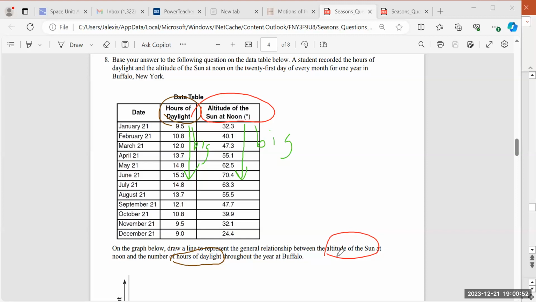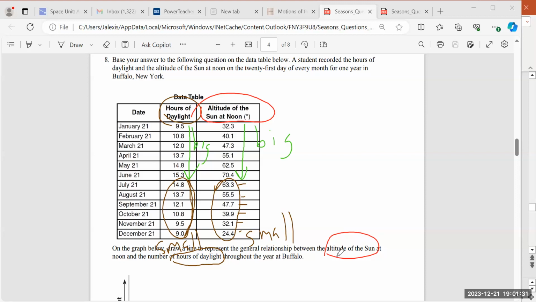Okay? Then, when the numbers start getting smaller in this area right here, what is the altitude of the sun doing? Well, it looks like the numbers are getting smaller as well, too. Well, from 63 to 55, 47, 39. So when the numbers are getting smaller on this side, over the hours of daylight, the altitude of the sun is also getting smaller.